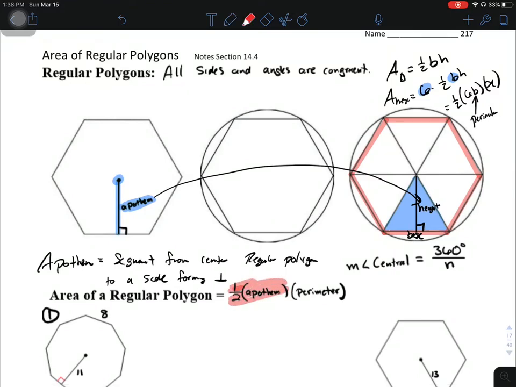The area of a regular polygon is 1/2 the perimeter times the apothem. 1/2 the apothem times the perimeter. If you don't care for that, once again, you don't have to use this formula. If you prefer, you can find the area of that blue triangle, multiply it by how many there are that are congruent to it, and that's going to be the area of this regular polygon.